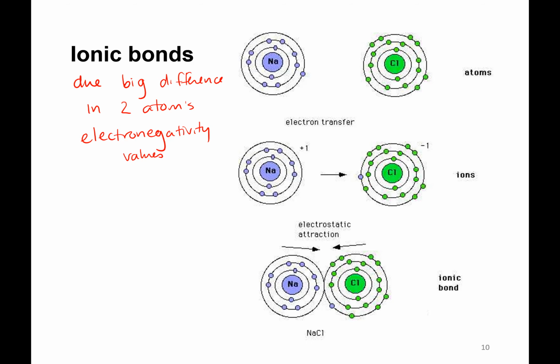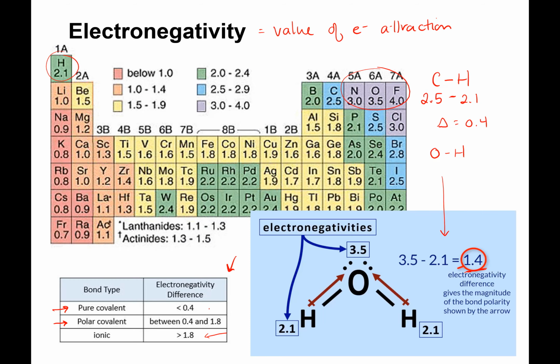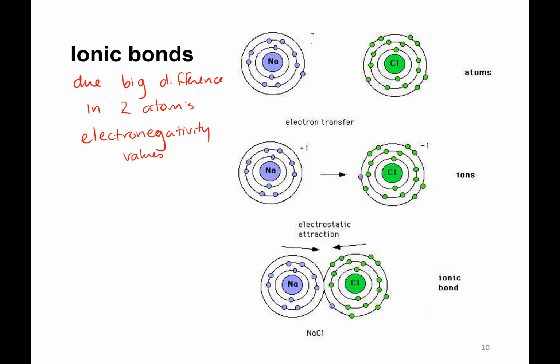Okay, so if we go back, we've got sodium, with electronegativity of 0.9, and chlorine with electronegativity of 3.0. So this is 0.9, this is 3.0. Their difference is 2.1. And if we look back on our chart, this is going to form an ionic bond, okay?